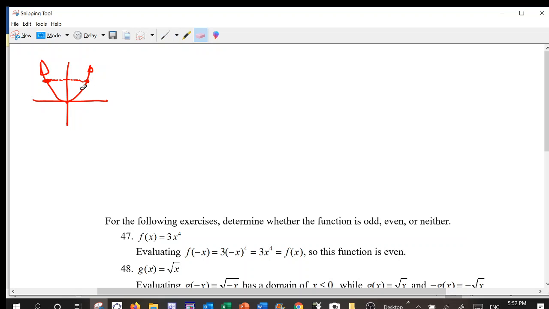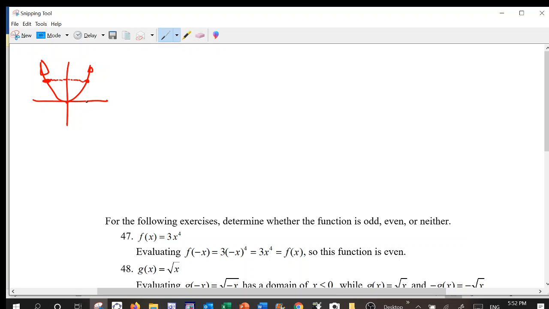So you have to draw a perpendicular with a 90-degree angle here, right? This has to be a 90-degree angle. So draw a perpendicular to the y-axis, and then keep going the same distance. If you find another point here for every point on this graph, then we have symmetry with respect to the y-axis.